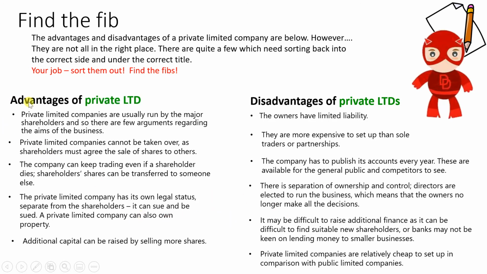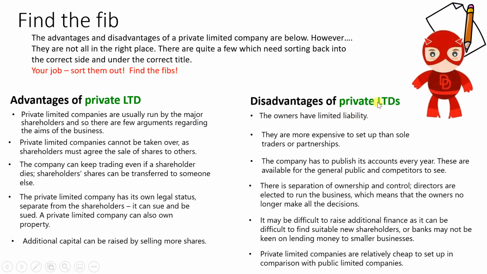So in the advantages of private limited companies on the left hand side, you've got 5 bullet points for you to have a look at, and you need to read through each one and decide, is it an advantage or a disadvantage? And you need to go through them and check good point or bad point, and any one that you think is a bad point, then you can move it across to the right hand column.